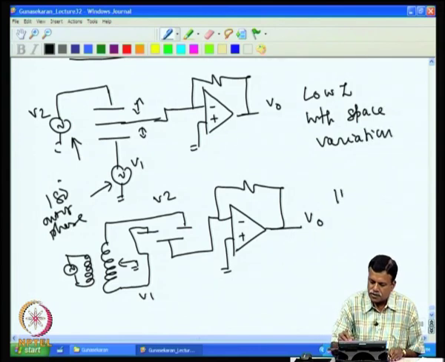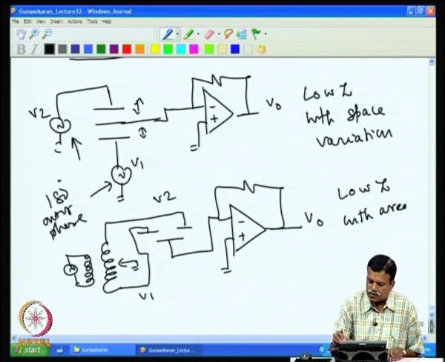This is high Z, low Z, this is again low Z, the low impedance, low Z with area variation.